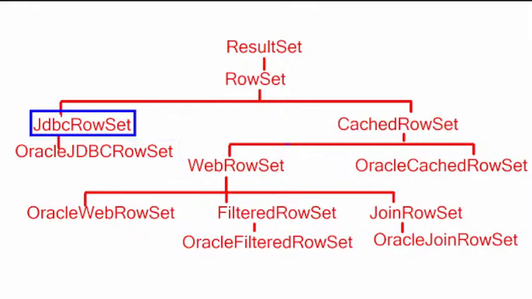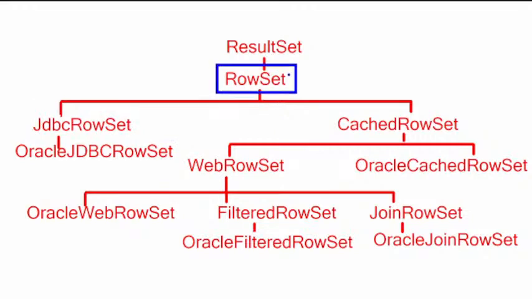The methods given here are common to all row sets, so you can use them for all row sets. Even those common to ResultSet and RowSet are given here, so you can use those methods for ResultSet as well as row sets. How to use them and how to write the program, we'll see in tomorrow's class.